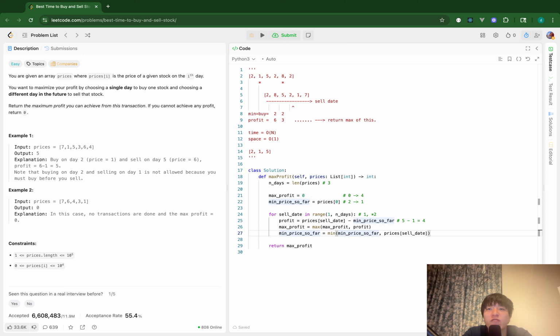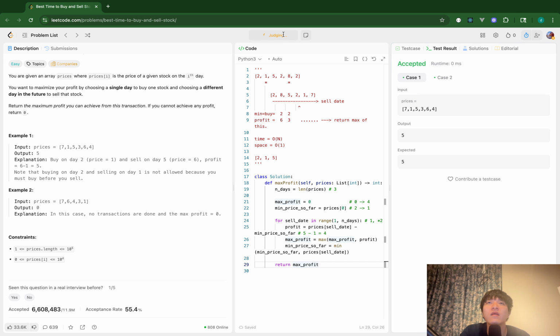And min price so far is updated with, I mean, I will get min of 1 and 5, which is still 1. Okay, good. And in the end, I return max profit, which is now 4. Yep, this is correct because I should buy at the price 1 and sell at the price 5, which makes the most profit, which is 4. Okay, so I'm pretty confident in my code, so I submit this.